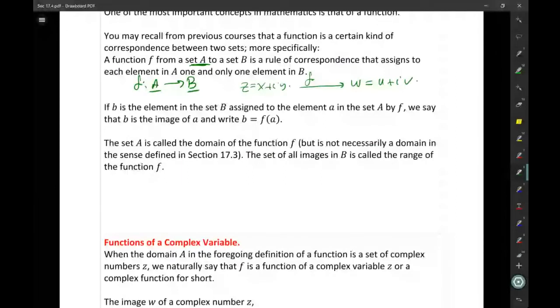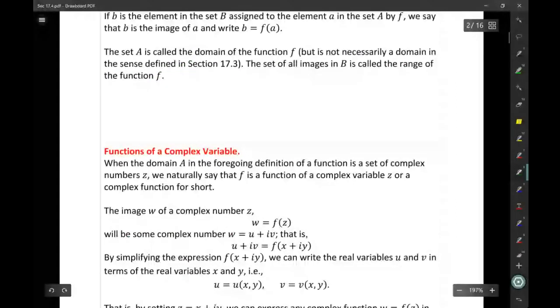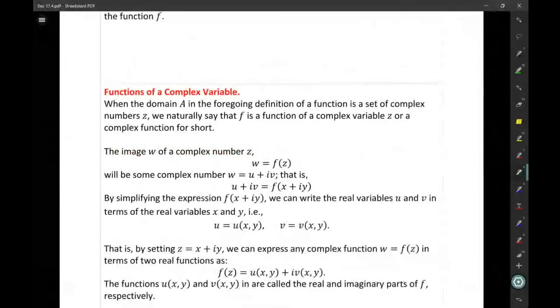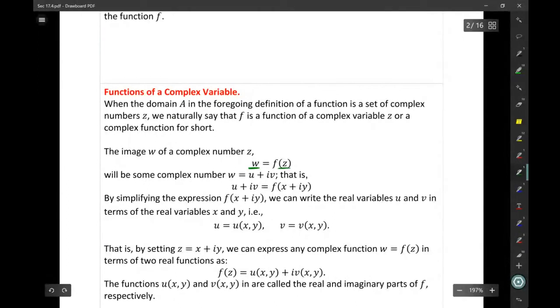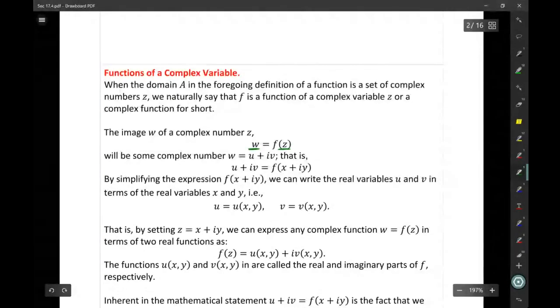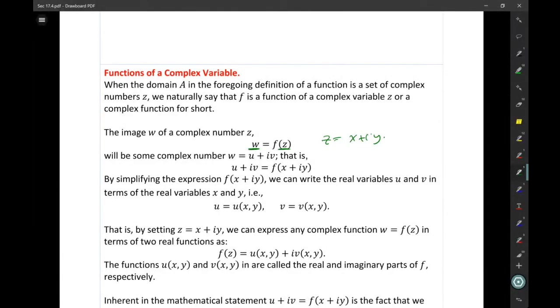Now usually we will say that w, the image of the complex number, we will call it w. Now the variable of this complex number is z. When we have z equal x plus iy, w also will be a complex number, which is the image of the complex number z. w also will be written in the form u plus iv.